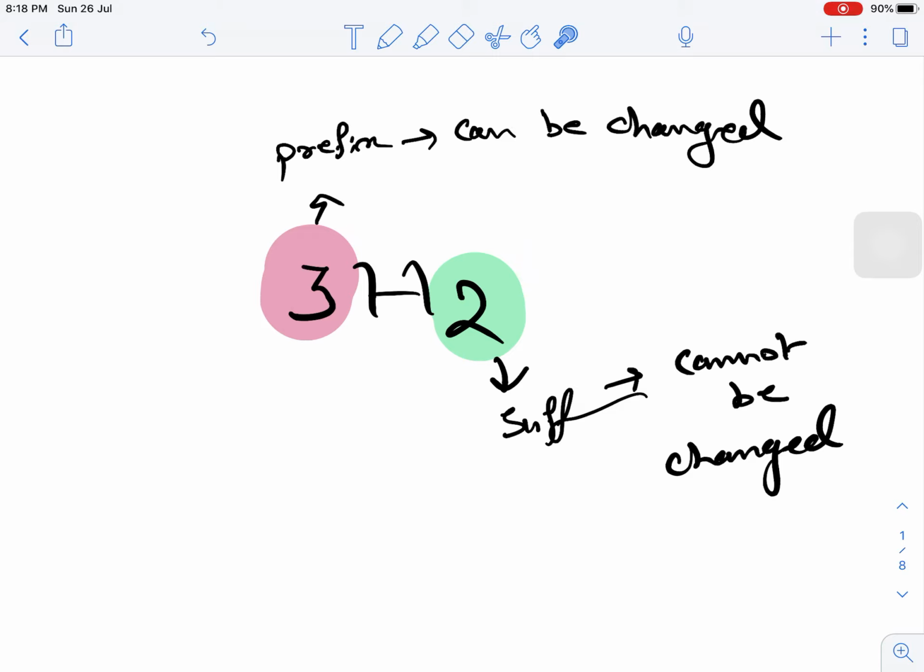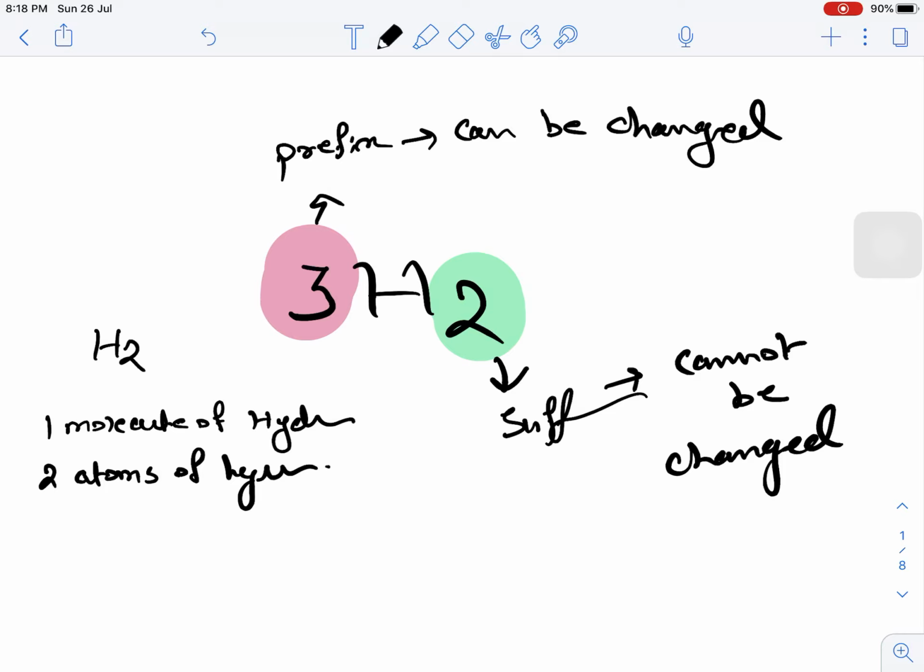Now let us see it once again. When it was only H2, at that time we said that there is one molecule of hydrogen, and in this one molecule of hydrogen, how many atoms are present? We said that 2 atoms of hydrogen are present.